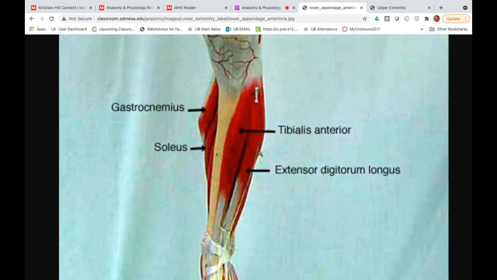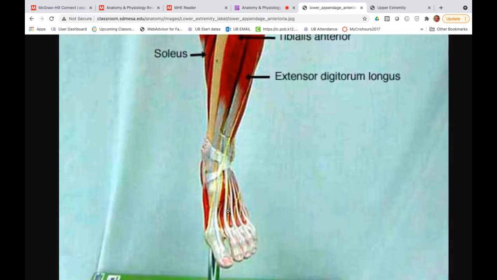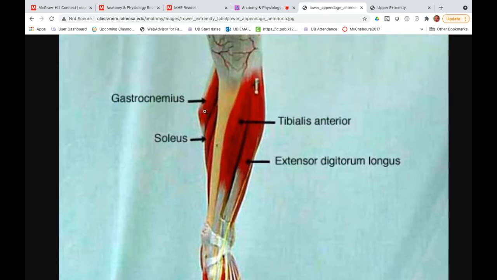All right, so all of the anterior compartment muscles are innervated by the deep peroneal nerve. And they're all dorsiflexors. And if they cross the toes, they will extend the toes, also known as dorsiflexion of the toes. What we can see in the back, when I rotate this, you'll see it better, but on the posterior compartment, the two big powerful muscles are the gastrocnemius and the soleus.